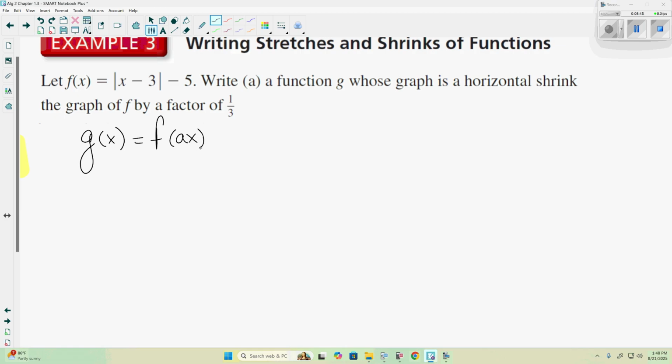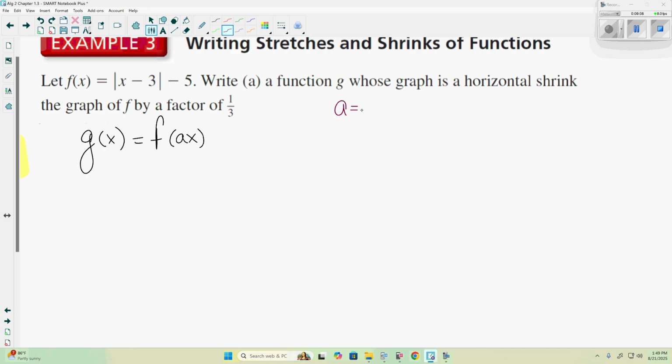General form for horizontal shrink is f of a times x. Bless you. Now they gave us 1/3. Is the value of a going to be 1/3? No, we've got to what?